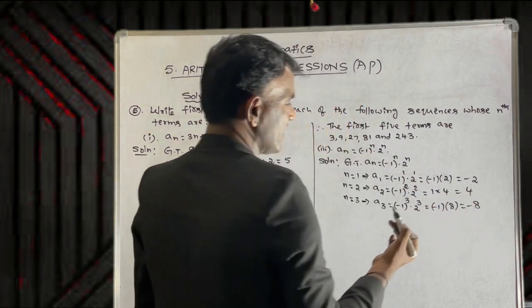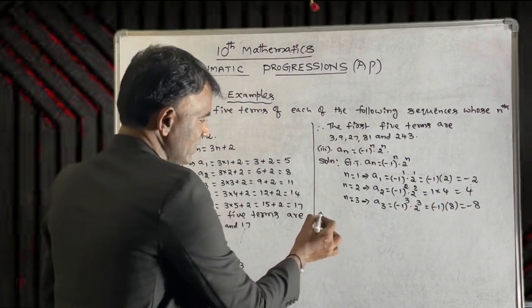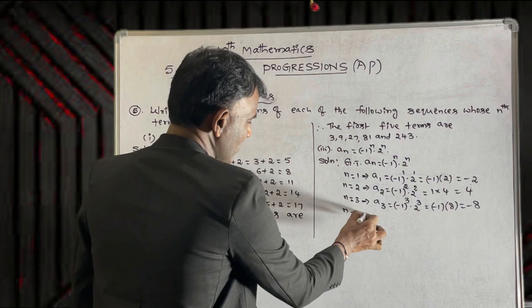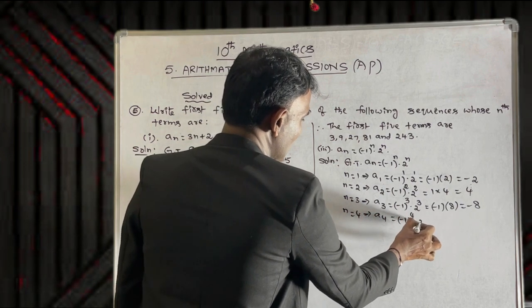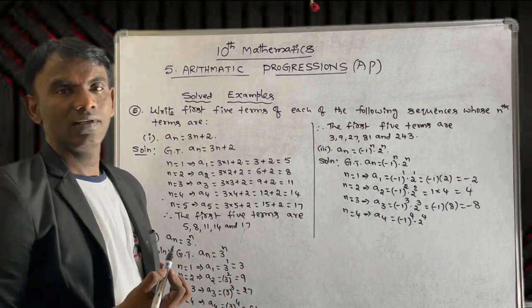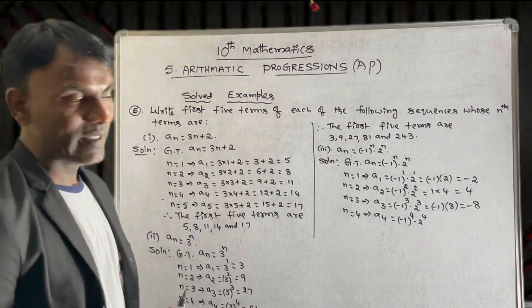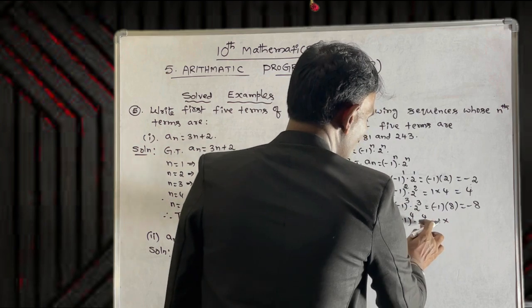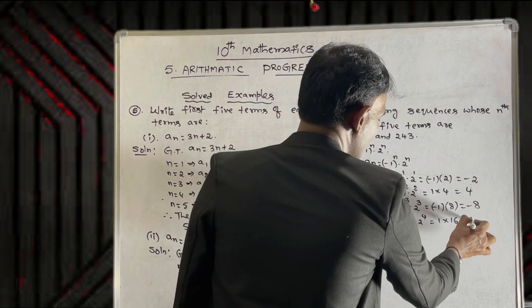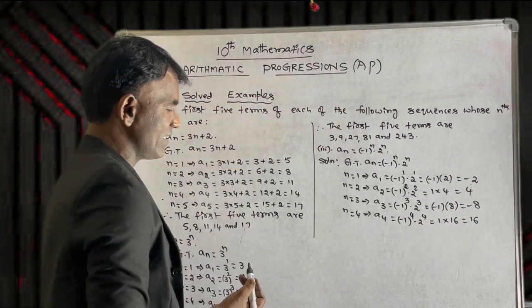So that is minus 8. And if you substitute n equal to 4, we get the fourth term, a4 equal to minus 1 whole power 4 into 2 power 4. Minus 1 power an even number equal to plus 1. So it is 1 into 2 power 4 means 16. So 1 into 16 equal to 16.